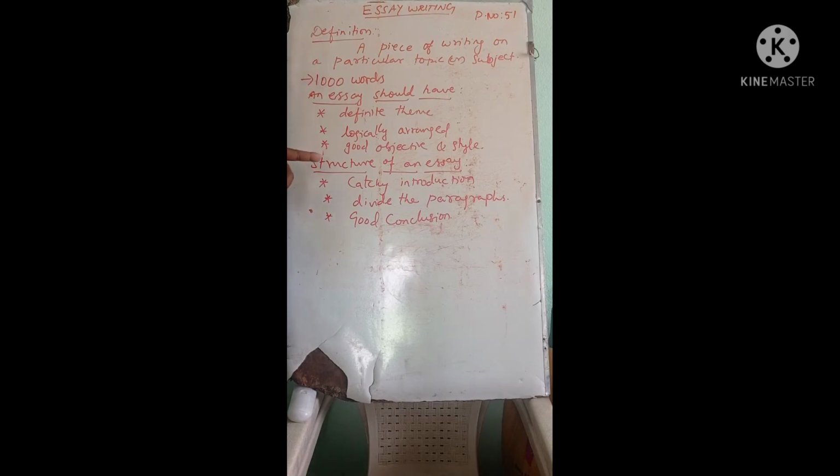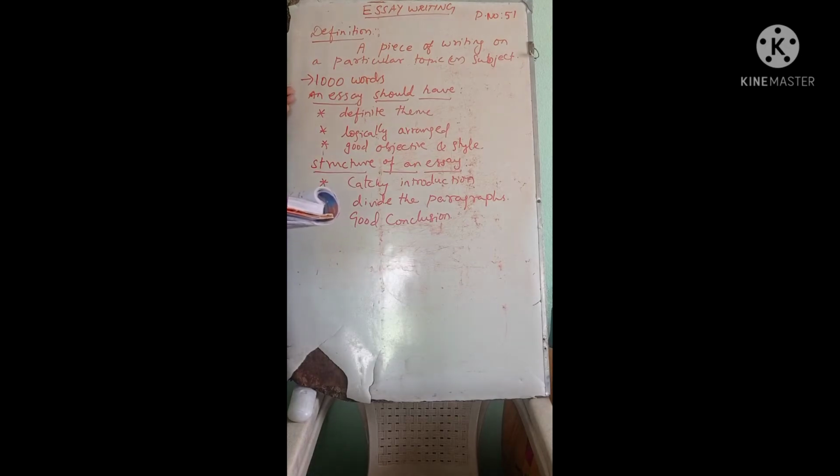So what does essay writing mean? An essay means a piece of writing on a particular topic or a subject. Otherwise, as I told you, it is a collection of paragraphs on a particular topic. And I told you an essay should possess how many words? 1,000 words each. And the difference between an article and an essay: an article can be written on a single page, whereas an essay can go for a maximum of 3 or 4 pages.